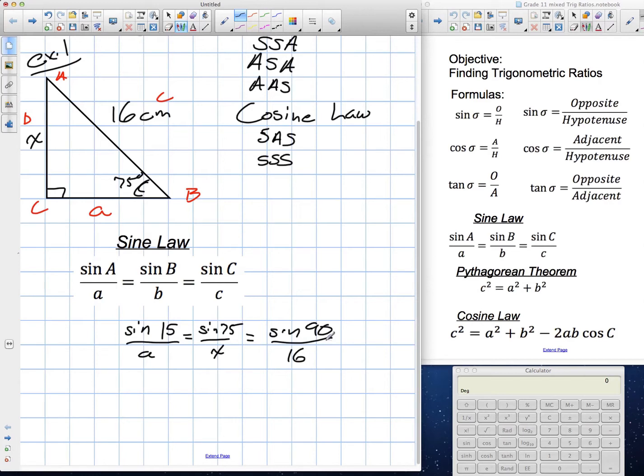Now, in order to solve sine law, we need a ratio that's complete. Correct? The only ratio that actually is complete here is the one with our sine 90. We have the opposite angle and the opposite side. So we're not going to be using this fraction in the ratio here. And since we're solving for x, we're going to set it up with just these 2 fractions equal to each other.